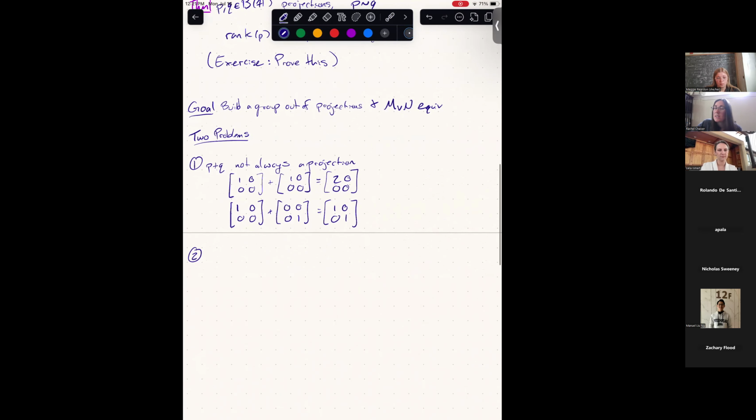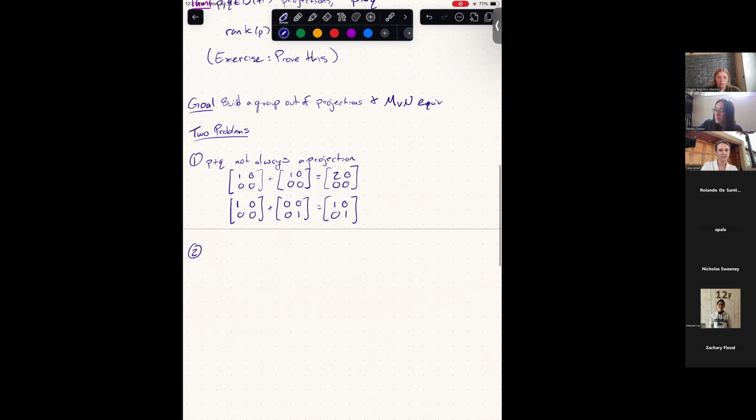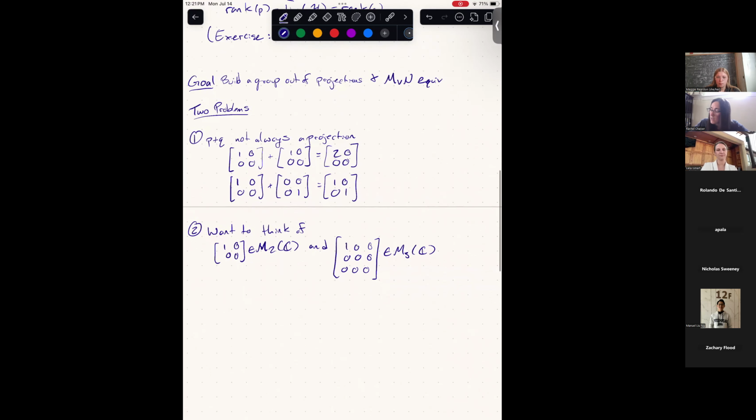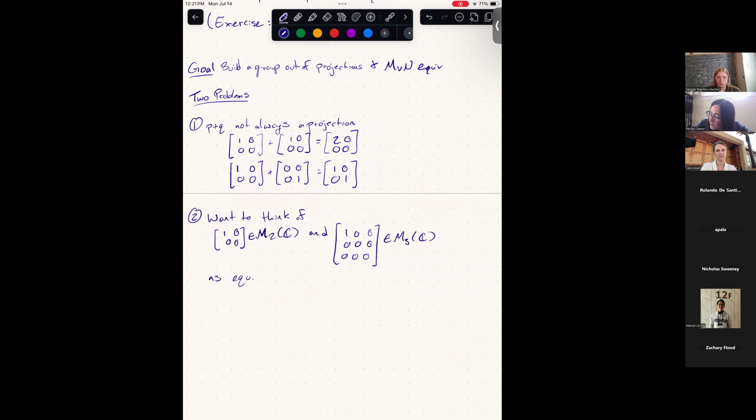The other problem is that there are often different projections that we want to think about as equivalent, but they live in two different C-star algebras that are intimately related. So we want to think of the projection given by the matrix 1, 0, 0, 0, which lives in M2 of C, and this larger 3 by 3 matrix, which is also projection onto the x-axis but lives in M3 of C, as equivalent.